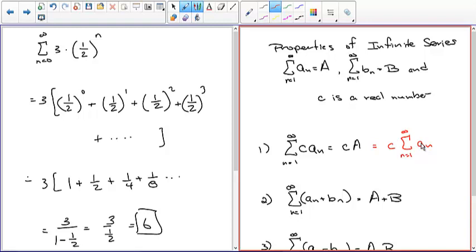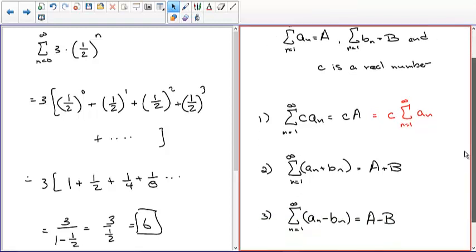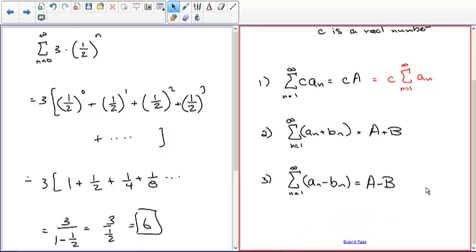You can do them individually. It's like the integral of f of x plus g of x equals the integral of f of x plus the integral of g of x dx, of course. And if they're subtracted, you can just subtract them. So those are the three rules there. They seem pretty obvious if you think about them relative to integrals.